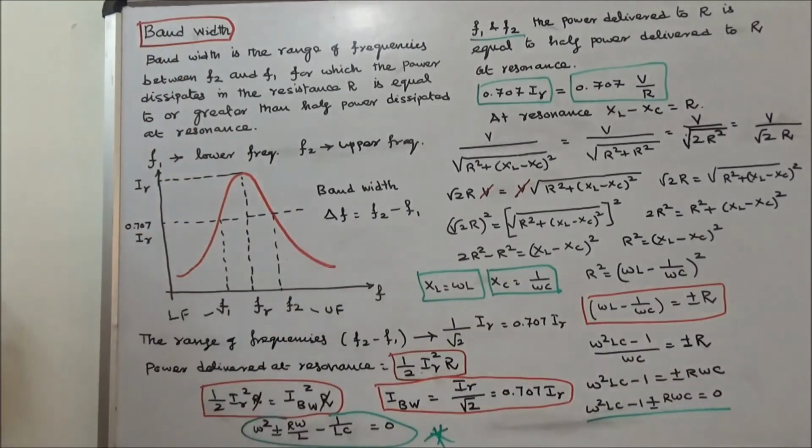Now I can rewrite the equation, omega square plus or minus R into omega by L minus 1 by LC is equal to 0.